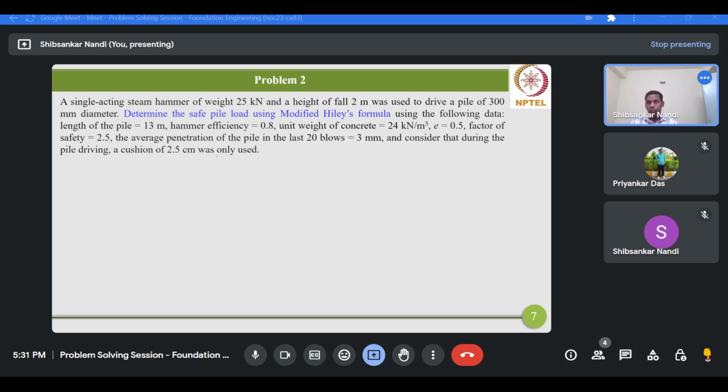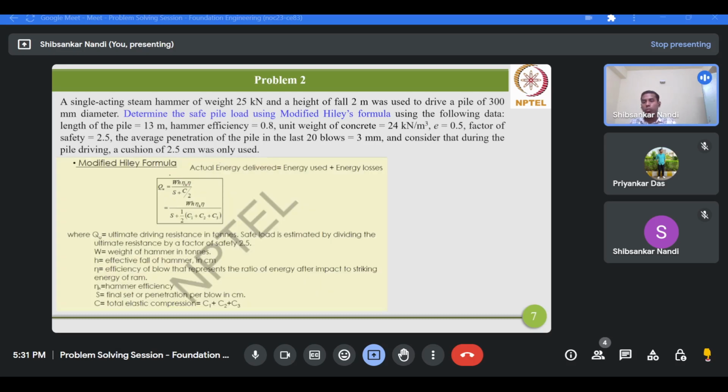So therefore, to solve this kind of problem, first we have to see what is the modified Illes formula to determine the safe pile load. So this is the modified Illes formula.